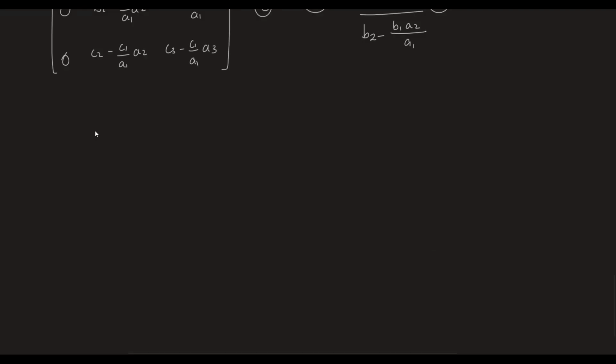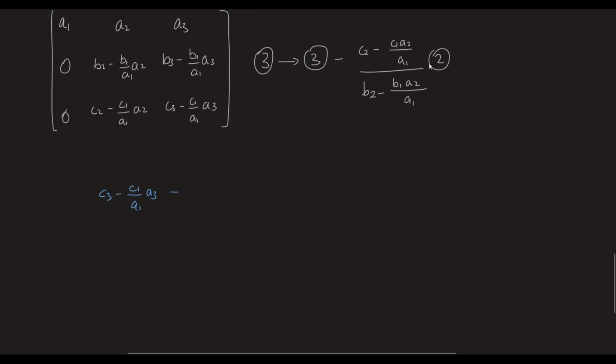All right, so we have the element itself, C3 minus C1 over A1 A3. So we're going to be minusing all this business here, so that's C2 minus C1 A2 all over A1, all over B2 minus B1 A2 all over A1.